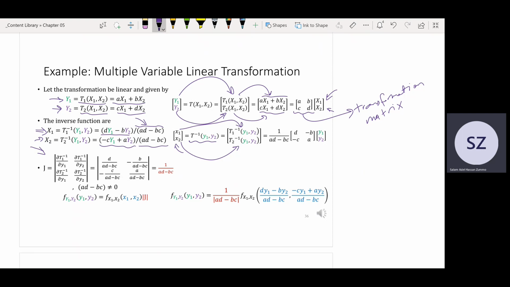So I can write them in terms of y1 and y2. y1 will be multiplied by d and minus b, and divided by this number. And y2 will be multiplied by minus c and a, and divided by this number.